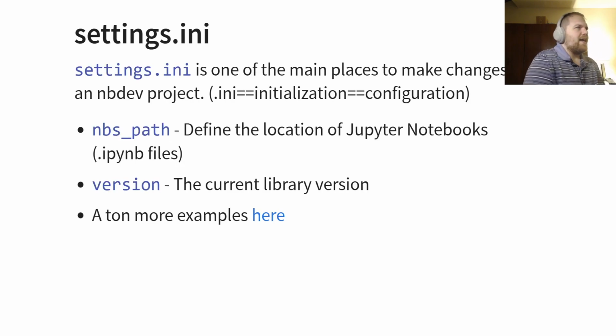The settings.ini config file is used to tell nbdev a lot of information about your project. It tells you the name of the library, the current version, any other requirements that it has. It does a lot of things.